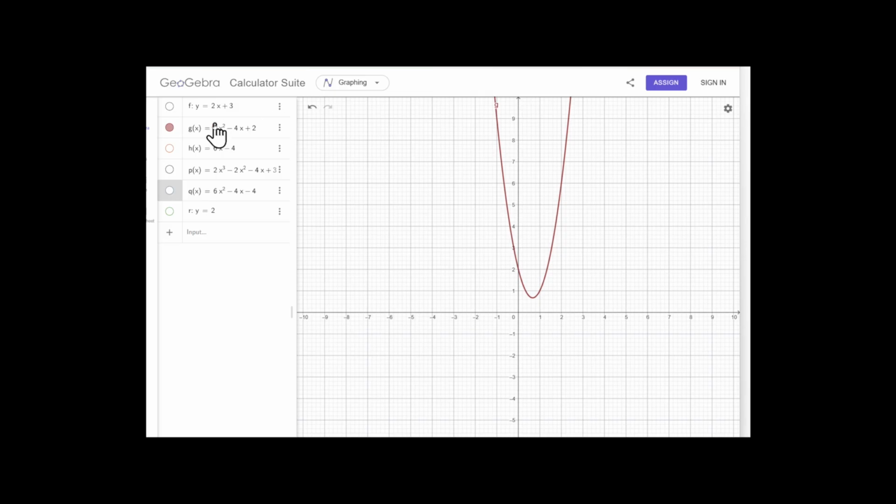All right. What do you think if we differentiate that equation, 3x squared minus 4x plus 2? We would get 6x minus 4, and that looks like that.